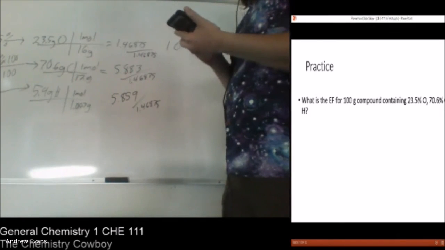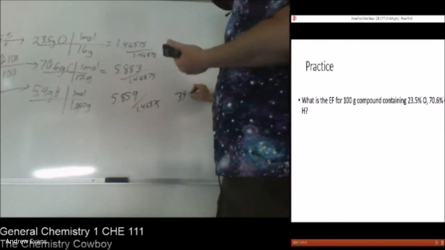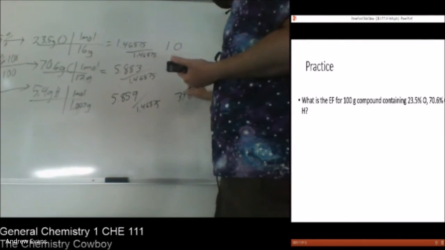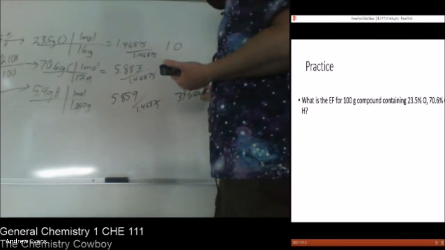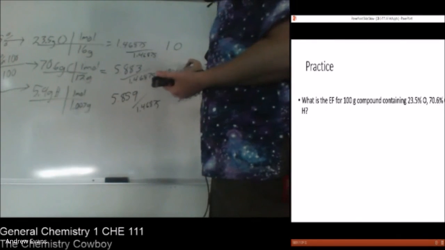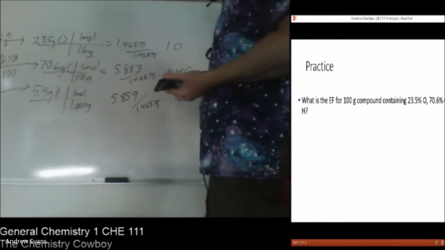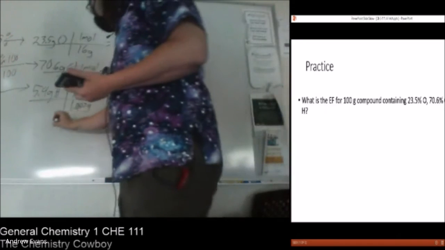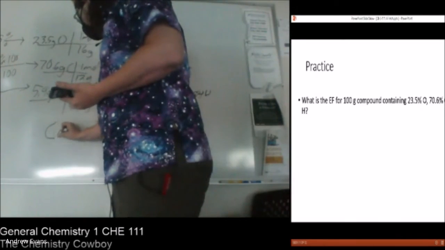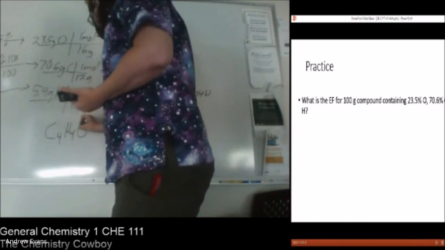So this one I got 3.98, which is approximately 4. If I do that one, that's going to be approximately 4. So our empirical formula is C4H4O1.